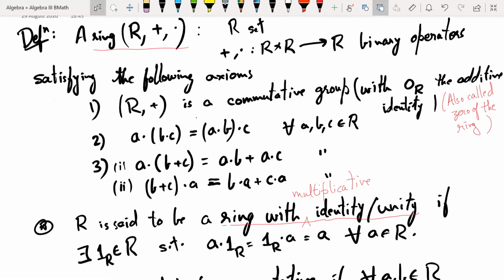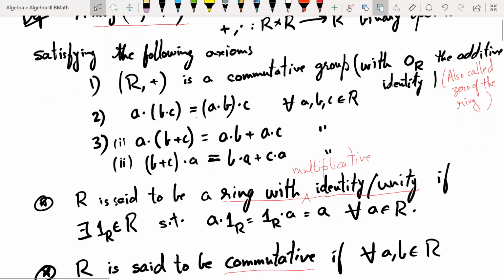The property of the multiplicative identity, or unity, is that if you multiply it by any element, you get that element itself, for all elements of the ring R. Most rings we'll consider will have this multiplicative identity, or unity.